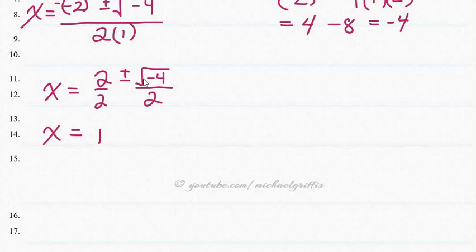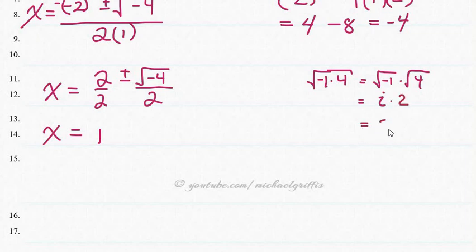Now, what is this guy right here? Remember, the square root of negative 4 is the square root of negative 1 times the square root of 4. The square root of negative 1 is i, and the square root of 4 is 2. We usually write this as 2 on the left and i on the right.